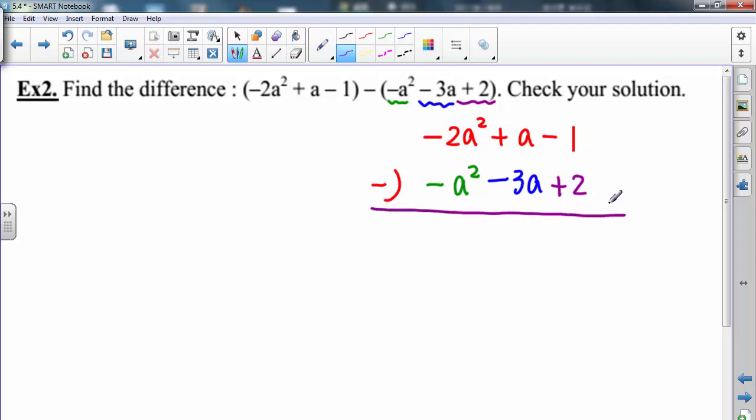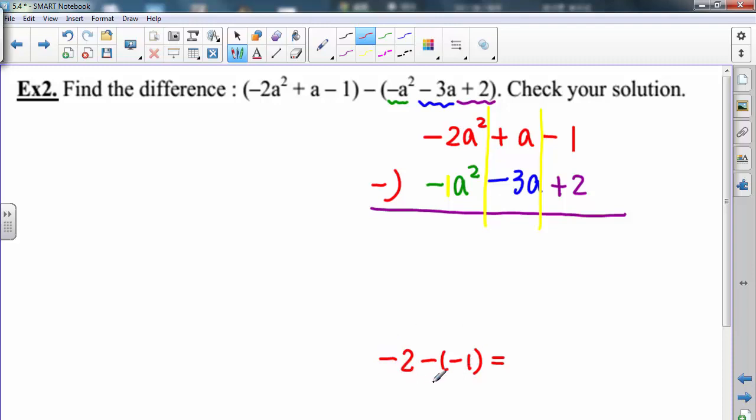Now let's subtract in each column. When you subtract in each column, you only need to subtract their coefficients. Let's look at -2 take away -1. What is -2 take away -1? Let's recall what we learned in Unit 3.